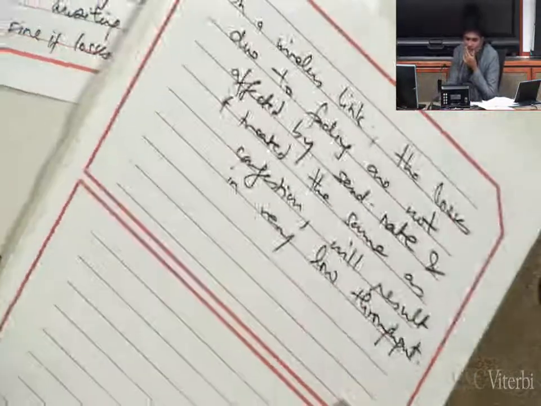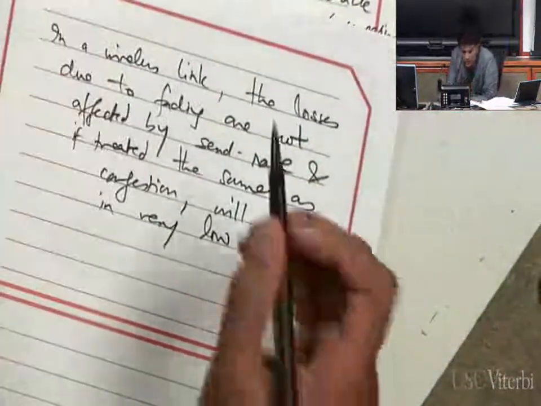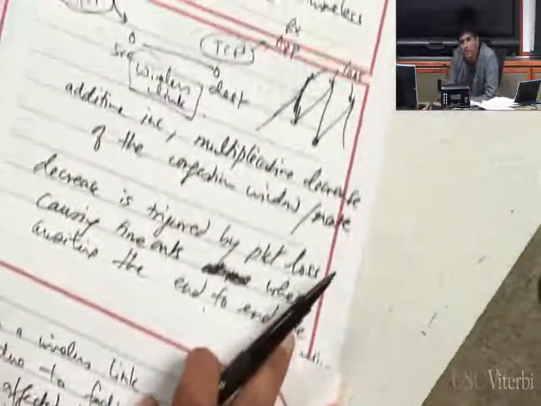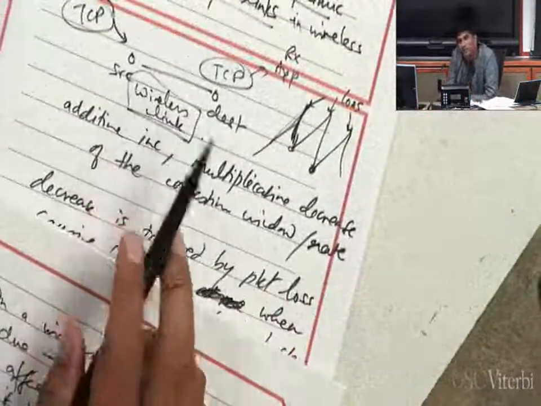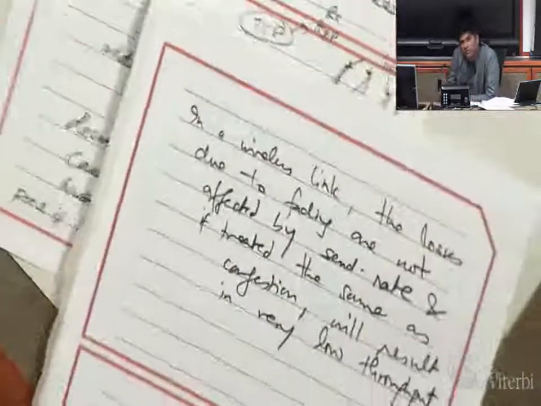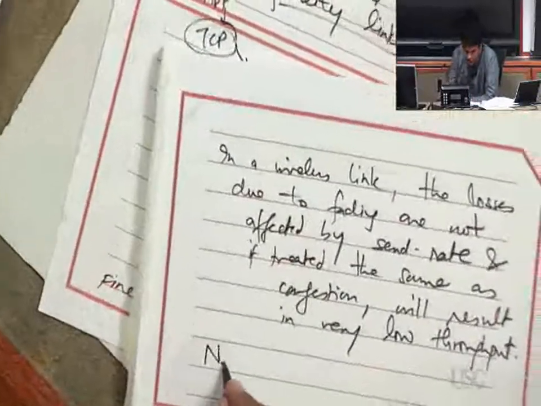Right? So in fact, what you want to do is you want to separate losses because of link failure from losses due to buffer overflows.